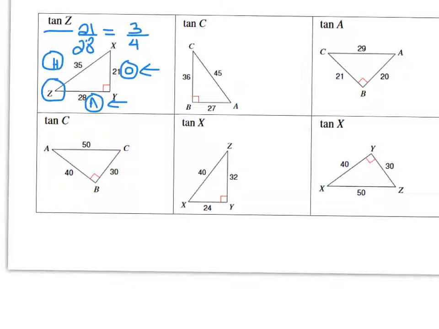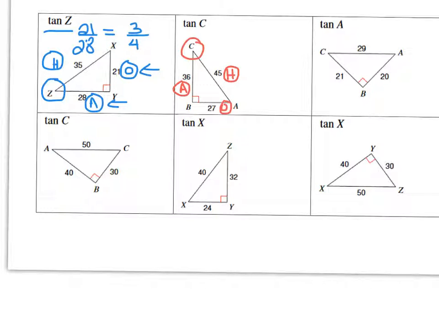Let's do one more together, then I would encourage you to pause the video and try a couple on your own. So now it's asking me to find the tangent of angle C. The first thing I'm going to do is label the sides: opposite, adjacent, and hypotenuse. Well, the 27 is the opposite leg. The 36 is the adjacent leg, and the 45 is the hypotenuse.